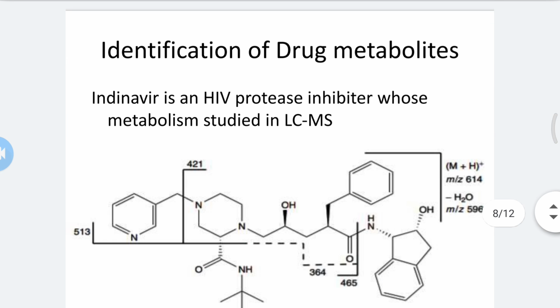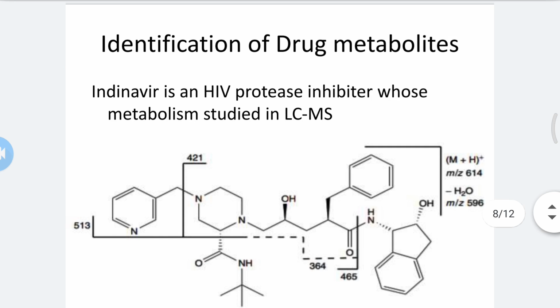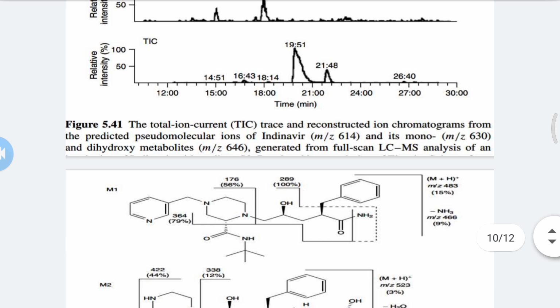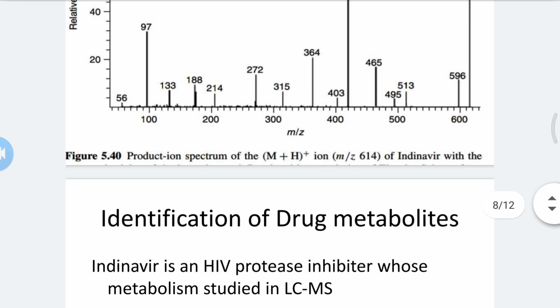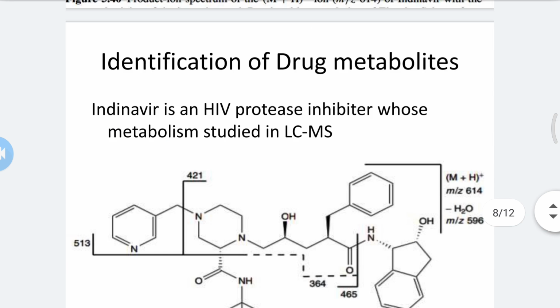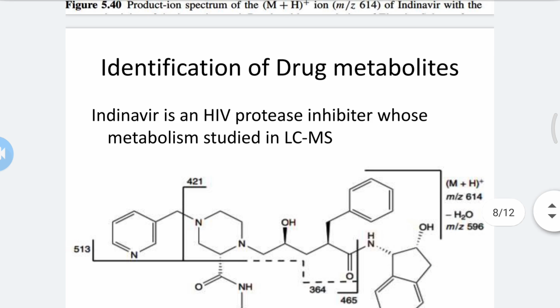Second, here we discuss an example application, such as identification of drug metabolites.